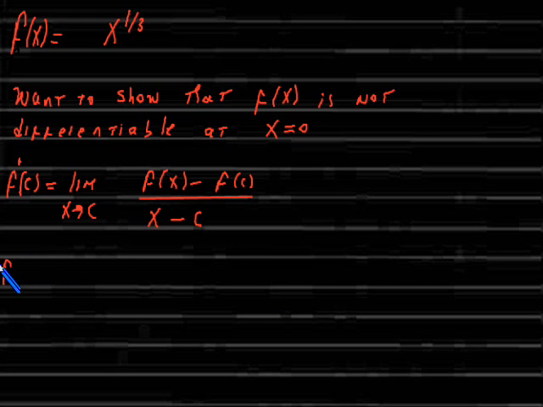So f prime of 0, the derivative of the function f at 0, is going to be the limit as x approaches 0 of f of x, which is x to the 1/3, minus 0 to the 1/3, divided by x minus 0.